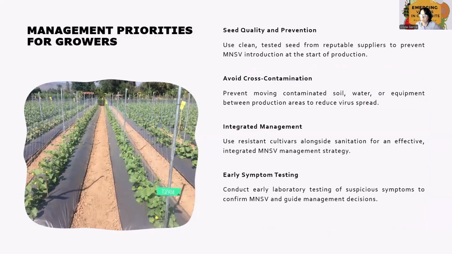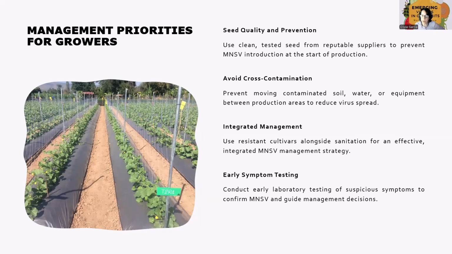Management starts with exclusion, and because MNSV is seedborne, using clean seed from reputable suppliers is one of the most important steps available to growers. Next, focus on limiting the movement of contaminated material. Remove symptomatic plants, and avoid moving soil, water, trays, tools, and equipment from suspect areas into clean areas.